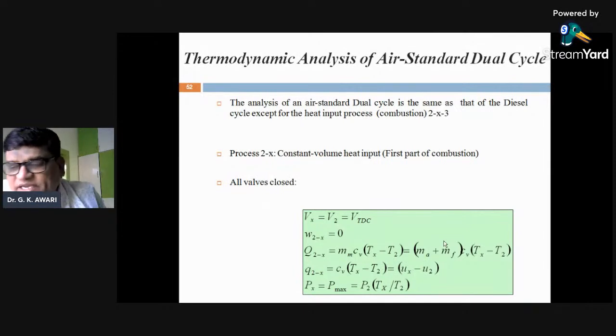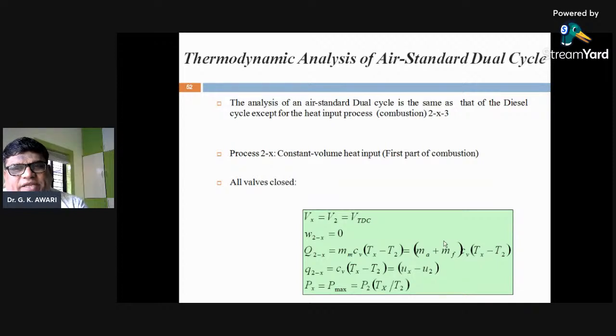Then thermodynamic analysis of an air standard dual cycle. The analysis of the air standard dual cycle is the same as that of the diesel cycle, except for the heat input process, that is combustion taking place in 2x and x3. So process 2x, that is constant volume heat input, the first part of the combustion, all valves are closed. So Vx is equal to V2 is equal to Vtdc.